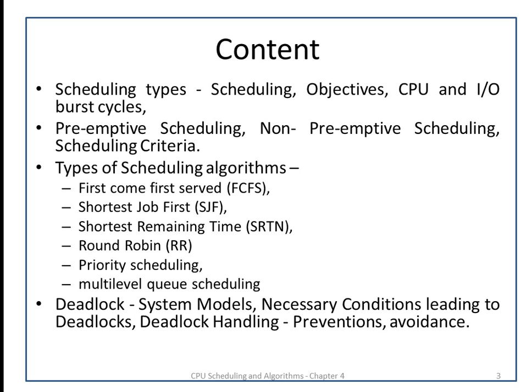In our previous lecture we have seen what is deadlock, what are the necessary conditions leading to deadlock and methods to handle the deadlock. In that we have seen the first method, deadlock prevention, in which we take preventive measures so that any one of the necessary conditions will not occur and so there will not be deadlock.